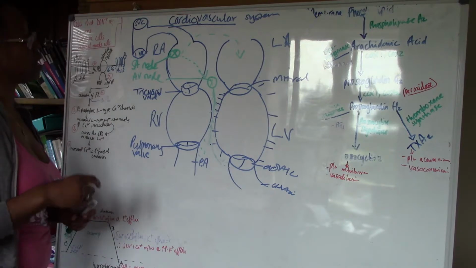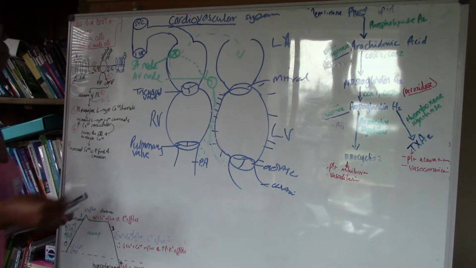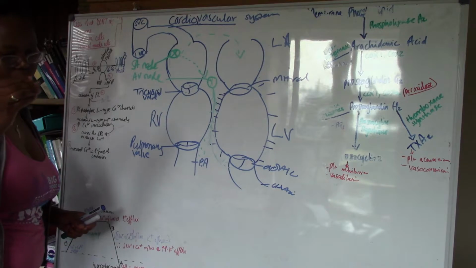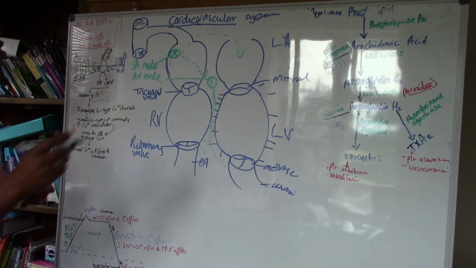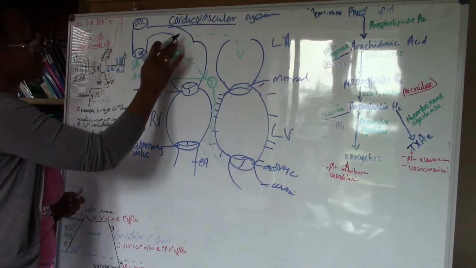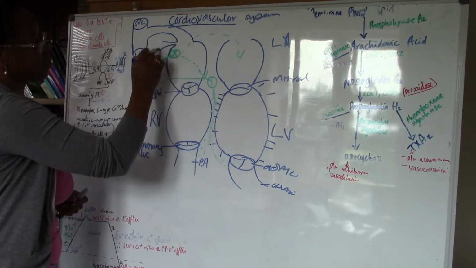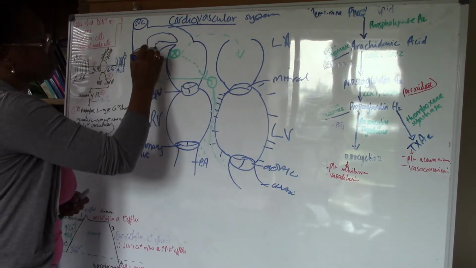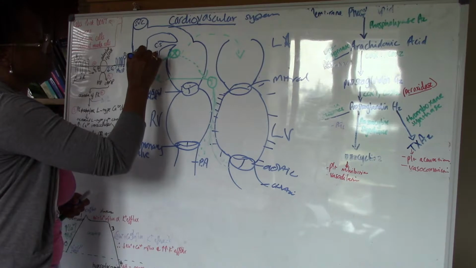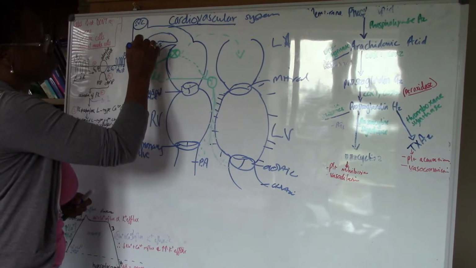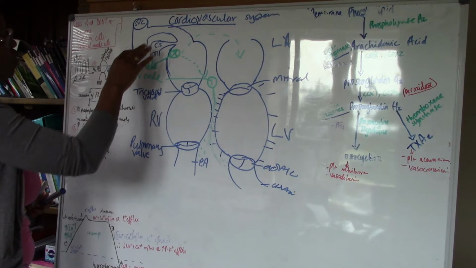Another important source of deoxygenated blood that comes into the right atrium is blood coming from the coronary sinus, which is fed by the great veins and the small veins.